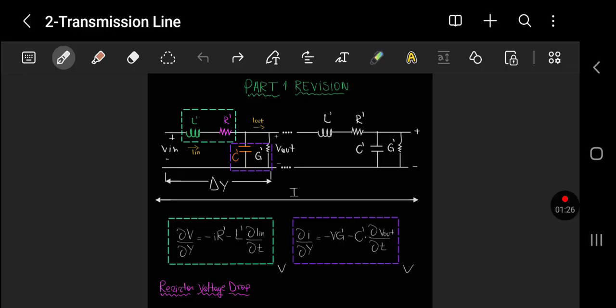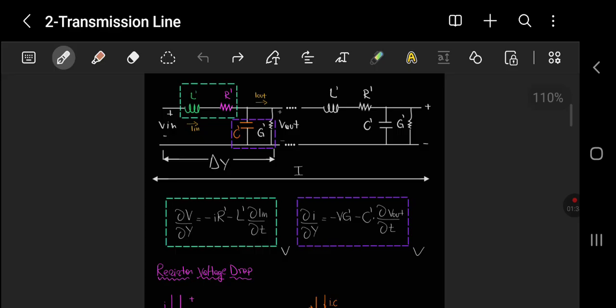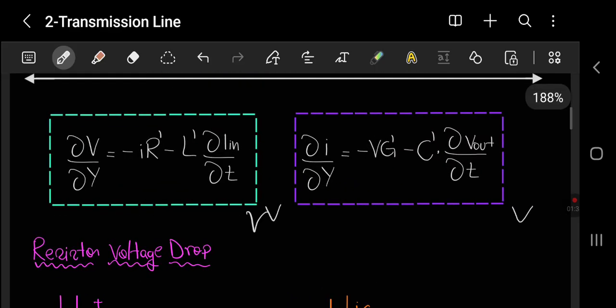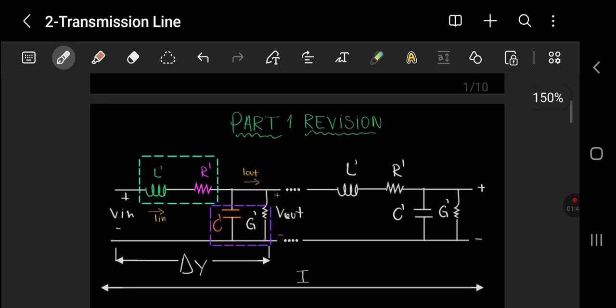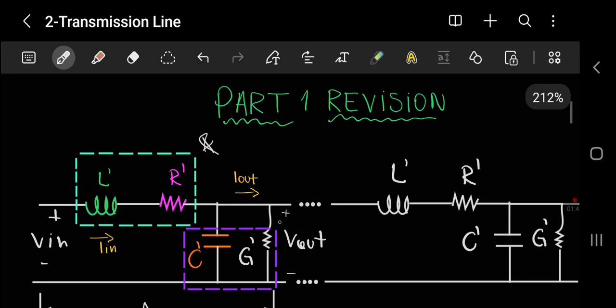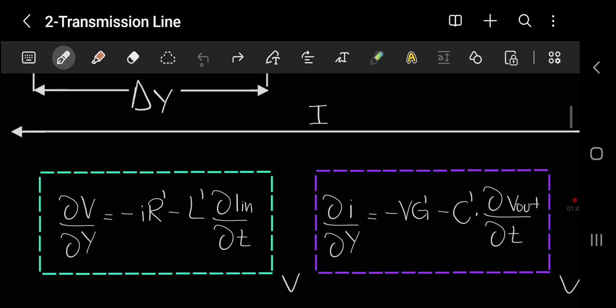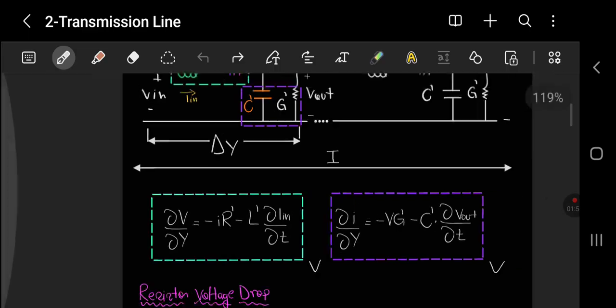Okay, so in the first video we finished with these equations right here, which represent these individual sections of the structure, of the networks, or partitions, better saying.